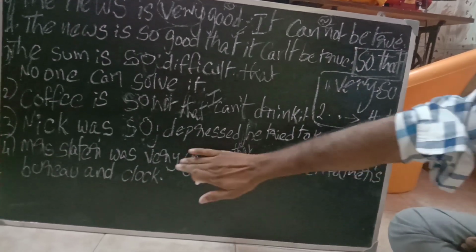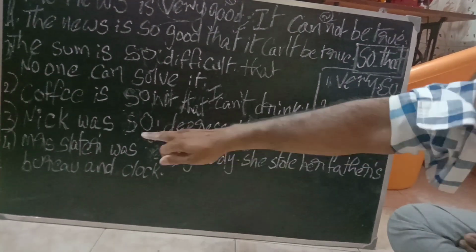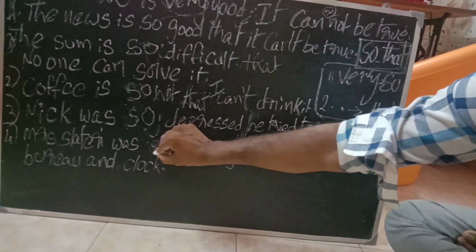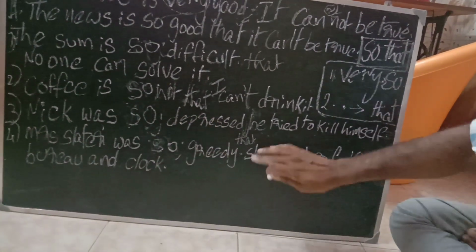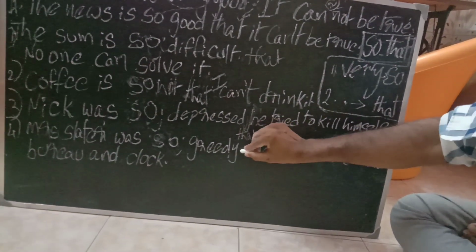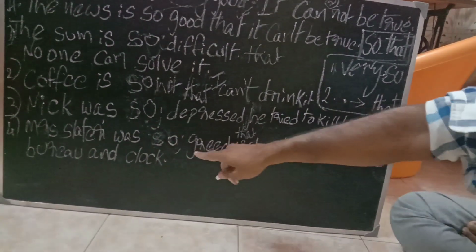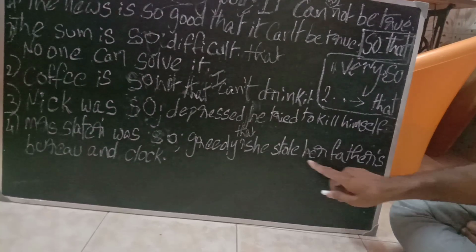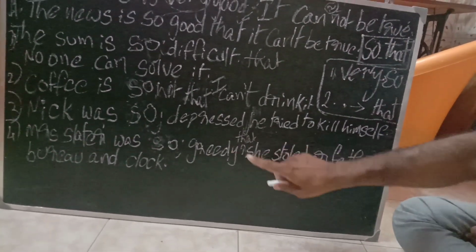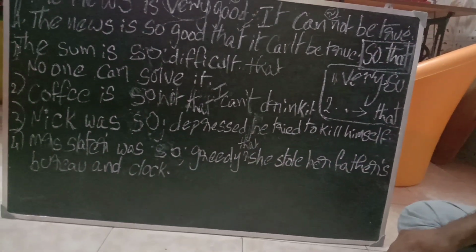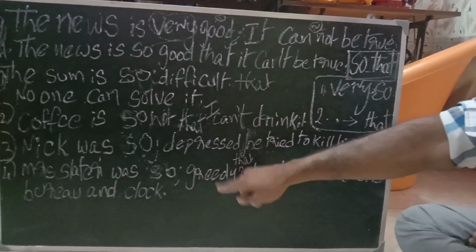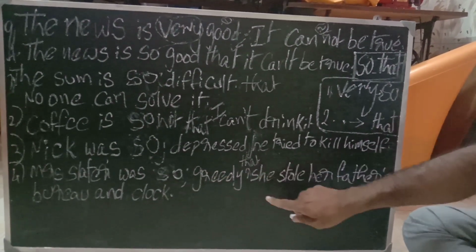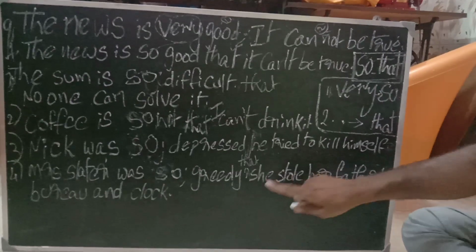Remove "very". Mrs. Slather was so greedy. Remove the full stop and write "that". Mrs. Slather was so greedy that she stole her father's bureau and clock. So that is the answer.